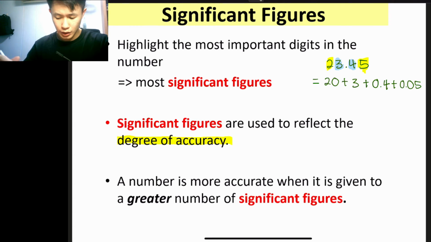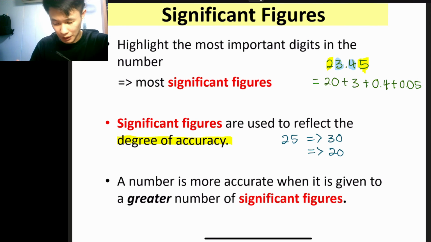For example, let's say we have 25. 25 when rounded to the nearest whole number is 30, so that's not far off. But technically, if you think about it, it's not that far from 20 as well. It's almost the same, right? So we use significant figures to actually round off to a much better number, such that we can get a more accurate representation of what is going on in the number.